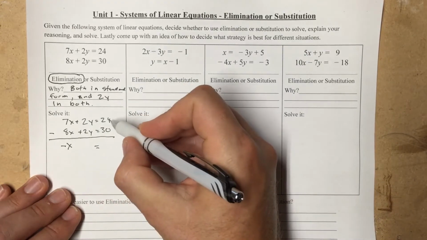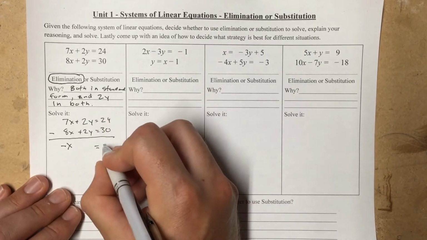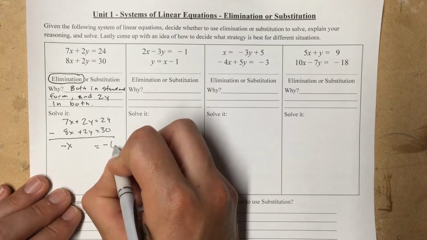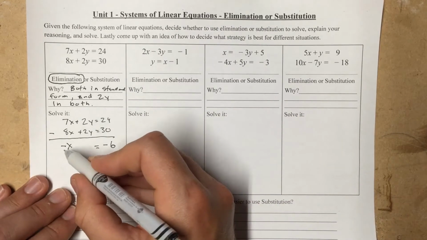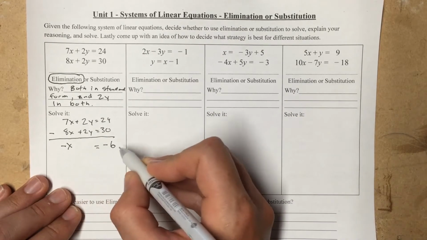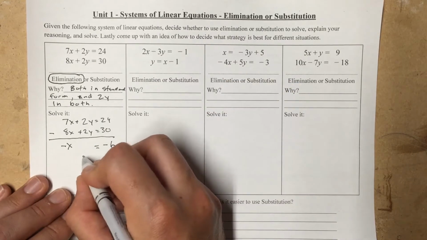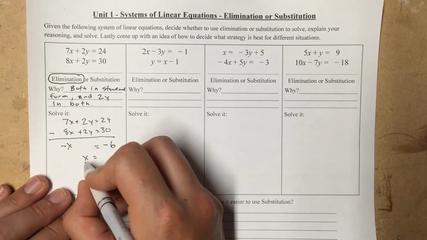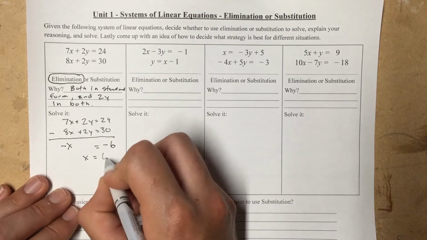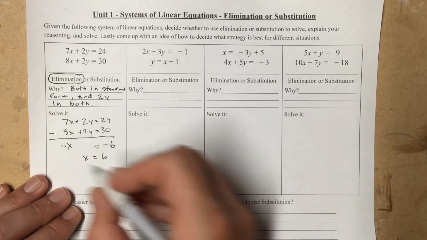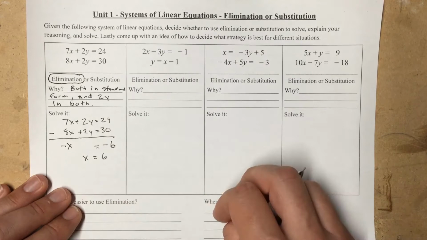That is equal to 24 minus 30, so that's negative 6. So I have learned that negative x is equal to negative 6, which in my mind I see as positive x equals positive 6, if I multiply by negative 1.